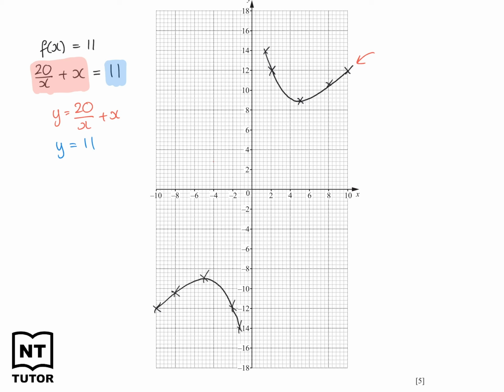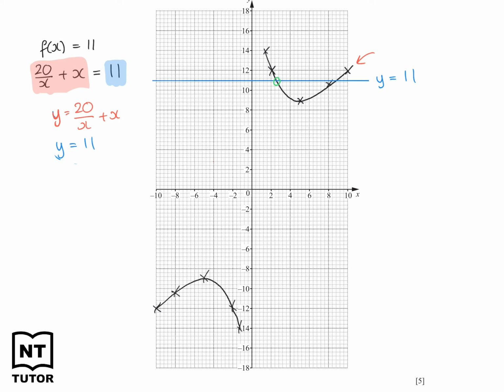And the solution to this would be where these two graphs intersect. So all we need to do is draw the line y equals 11 because we already drew the other line. The x coordinates of where those two lines intersect will be the solution to the equation.